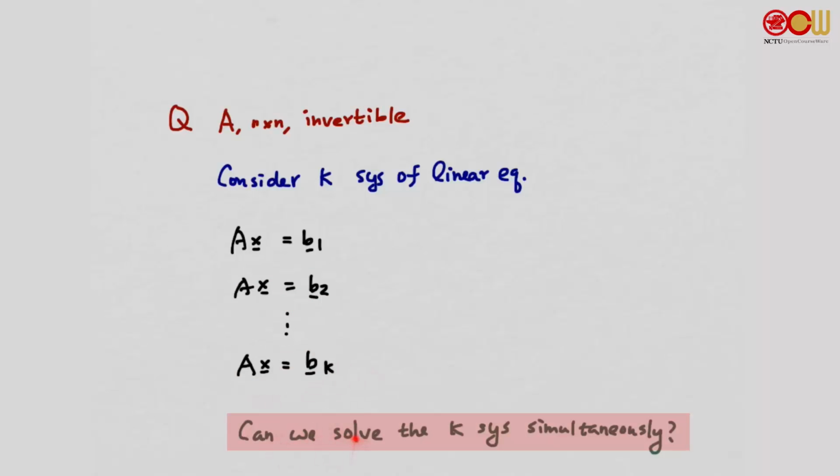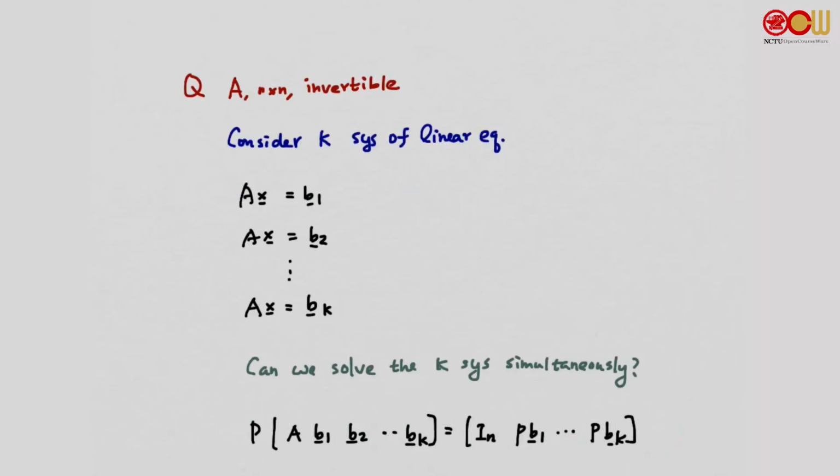Can we solve these k systems simultaneously? That means we only need to solve it once and we get all the solutions. To solve a system of linear equations, we apply Gaussian elimination, right? So let's say we form the augmented matrix. We have A and B1, B2 to BK. So now this would be an n by n plus k matrix.